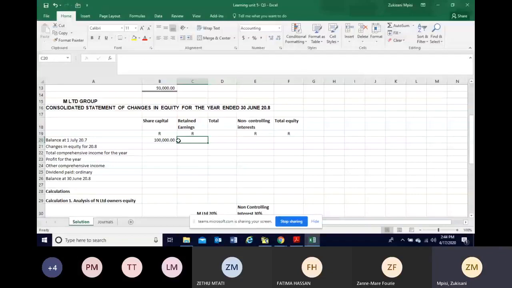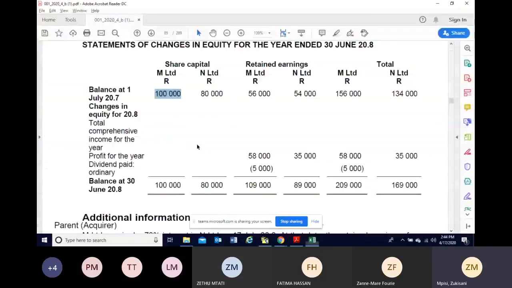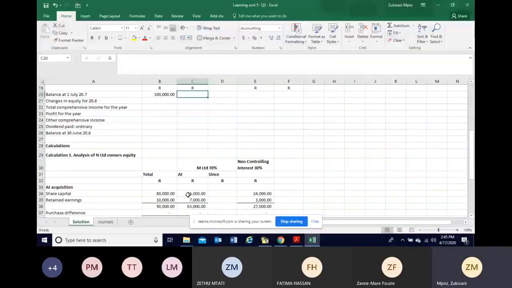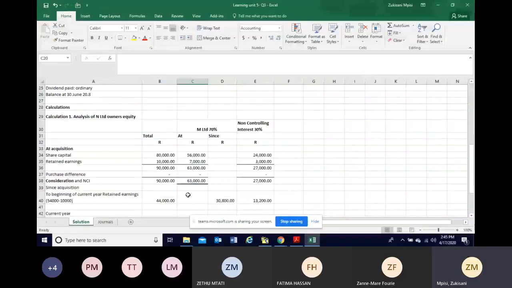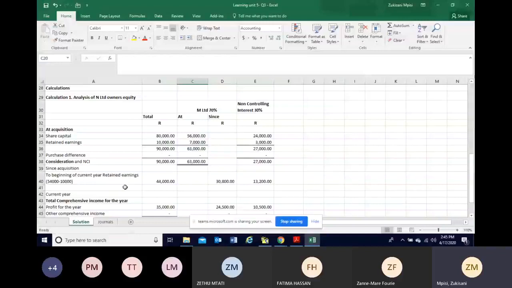And then we look at the retained earnings. You've got 56,000 from the parent. How much do we have from the subsidiary? We look back again at our statement of changes in equity. Since acquisition, the parent only has 30,800.